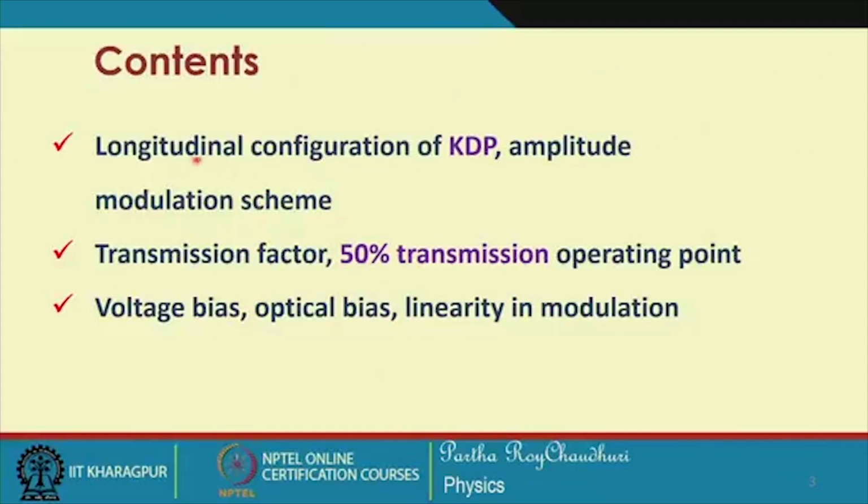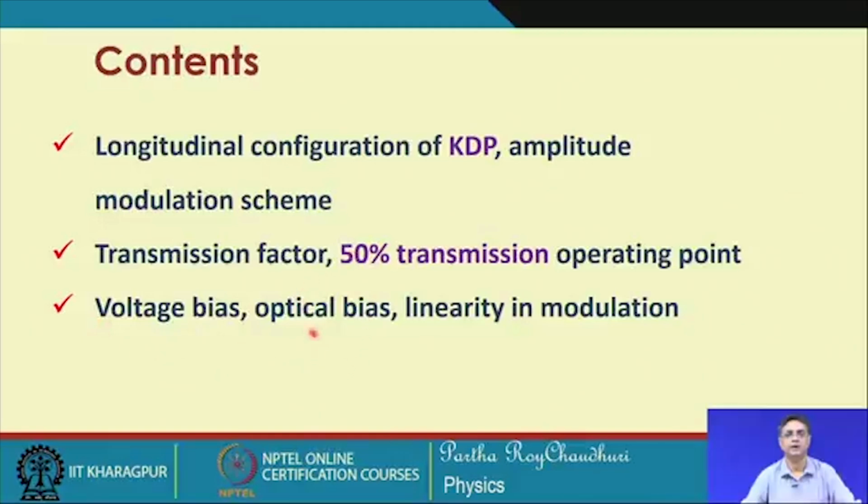So, it should be linearly proportional to the input, the modulating frequency and the modulated frequency. This longitudinal configuration of KDP that we will discuss, under this amplitude modulation scheme, we will see that the modulator has to be biased for the 50% transmission operating point. Then we will see that this biasing can be achieved by a voltage bias or by giving an optical bias.